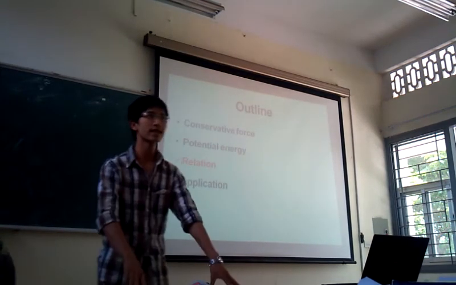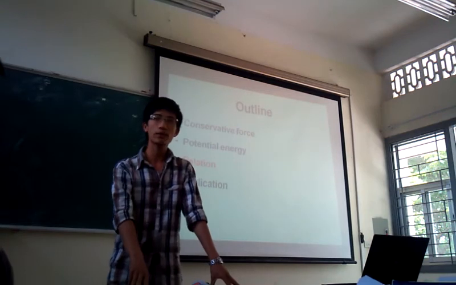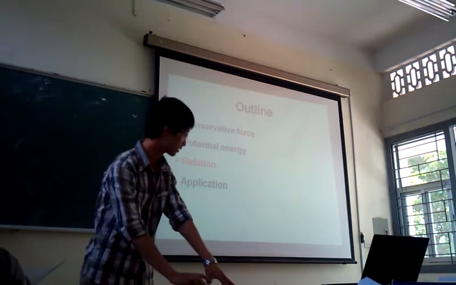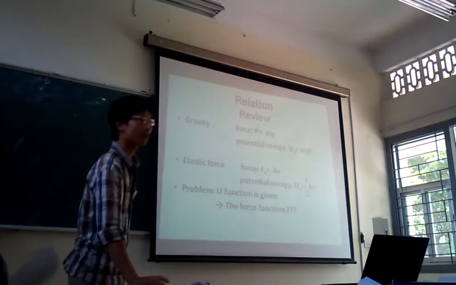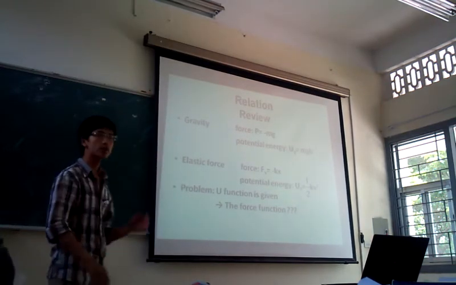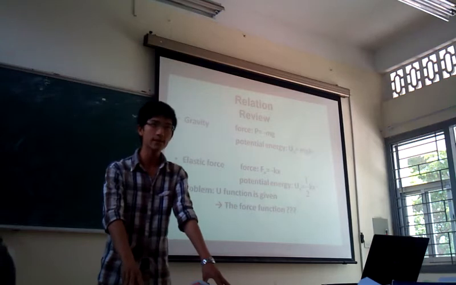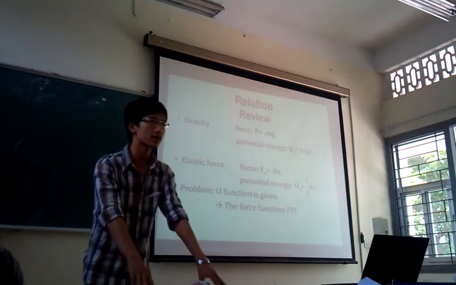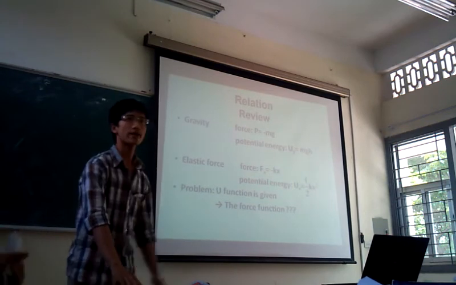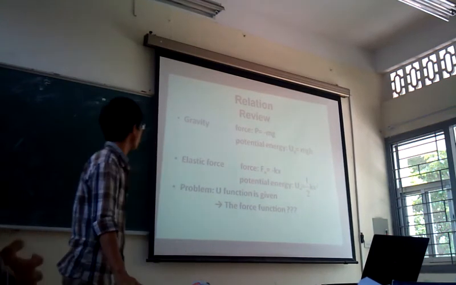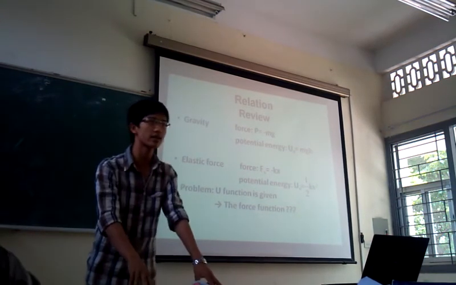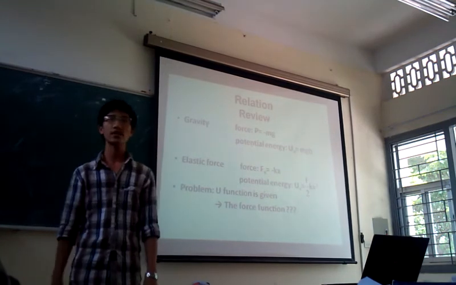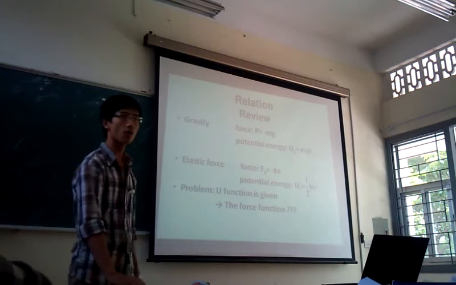Before studying this relation, I want to review some special formulas of conservative force and potential energy. Firstly, gravity. When we choose the positive direction as up, the force function of gravity is Fy equals minus mg, and the corresponding potential energy function is Ug equals mgh, where h is the height from the potential origin.